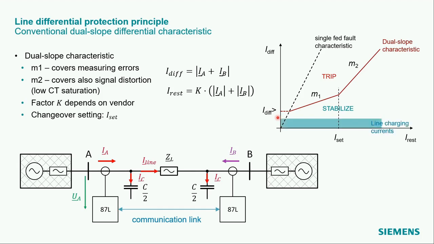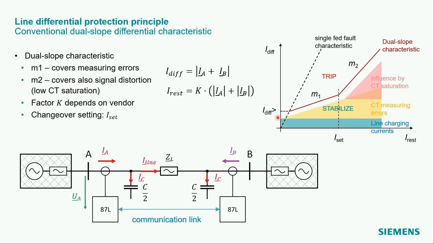The first slope, M1, will stabilize for small CT errors up to the highest expected load currents of the line. The second slope, M2, will stabilize for higher CT errors due to saturation nonlinearities of the CTs.